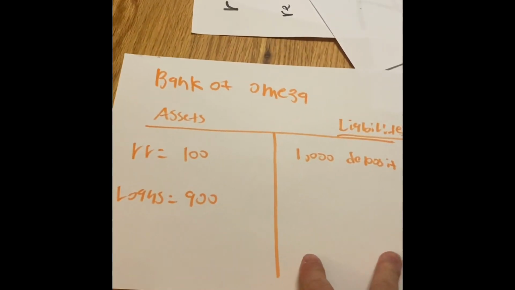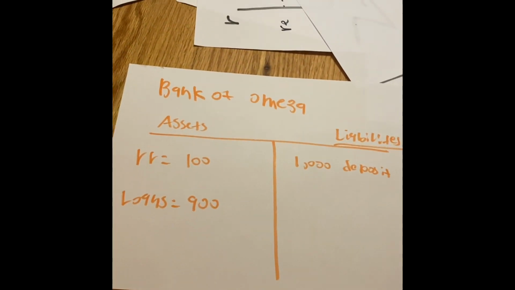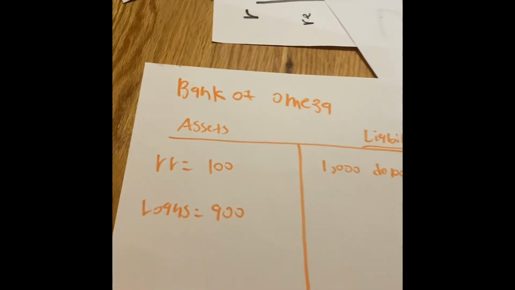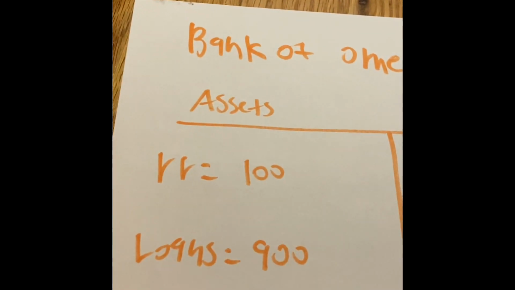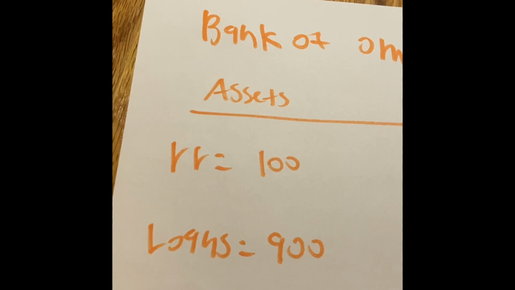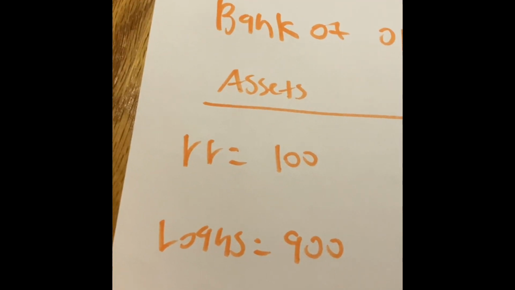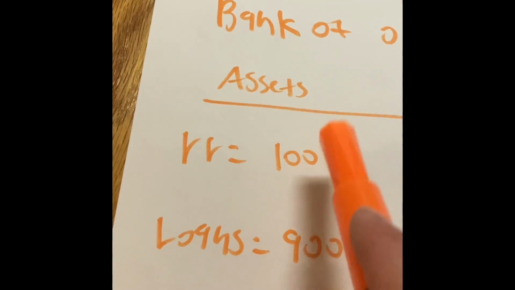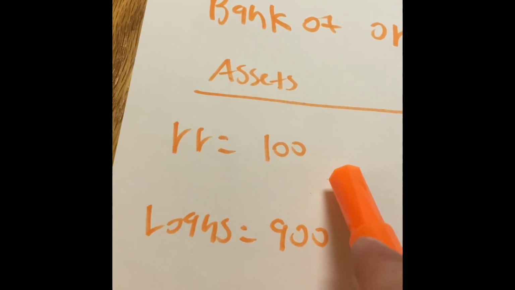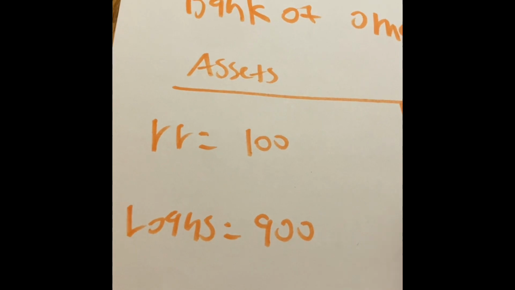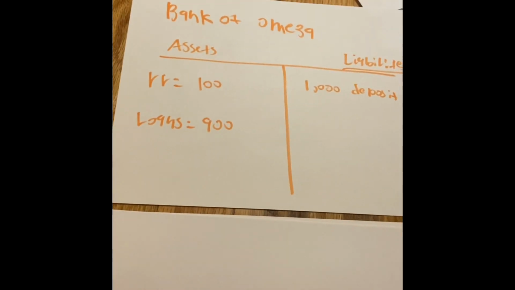So what we're going to understand is, what is the reserve rate? Because it says RR equals $100, but we need a percentage, not an actual whole number. And number 2, that's how much money they have in the bank right then. What we've got to figure out is what the percentage of that is.